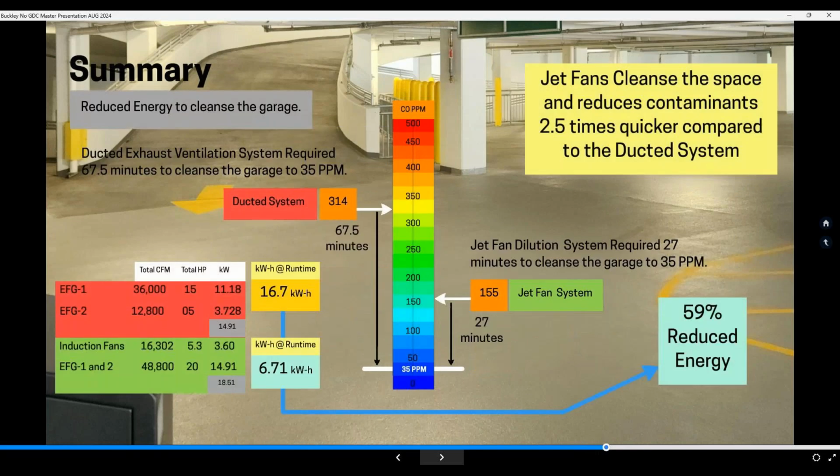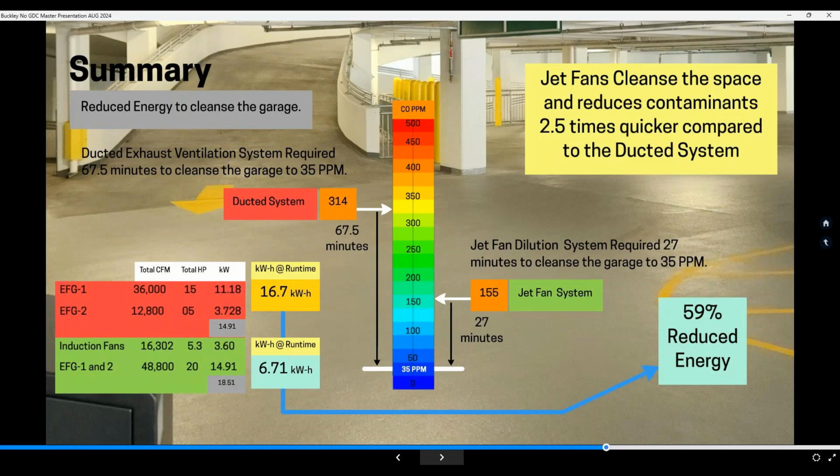And from an energy efficiency standpoint, the ducted system took 67.5 minutes to cleanse that garage, taking the 314 carbon monoxide down to the design goal of 35 parts per million. That took 16.7 kilowatt hours, whereas the jet fans took 27 minutes to reduce the 1124 parts per million down to the design goal of 35 parts per million.